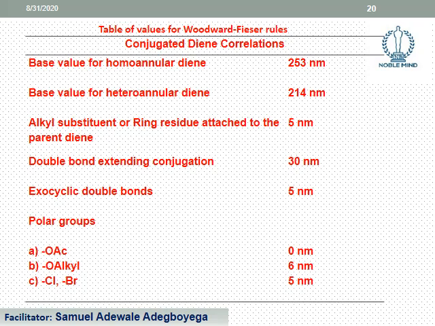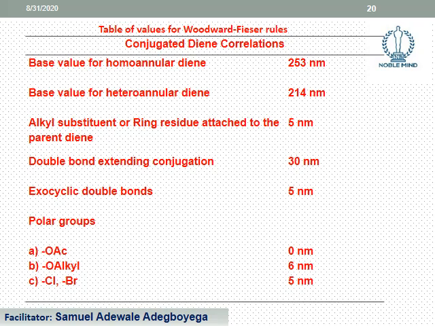I tried as much as possible to gather a table of values for Woodward-Fisher rules. So you have conjugated diene correlations, and you have the base value for homoannular. If the diene you have is a homoannular diene, the base value or the parent value, as I explained the other time, is given as 253 nanometer.